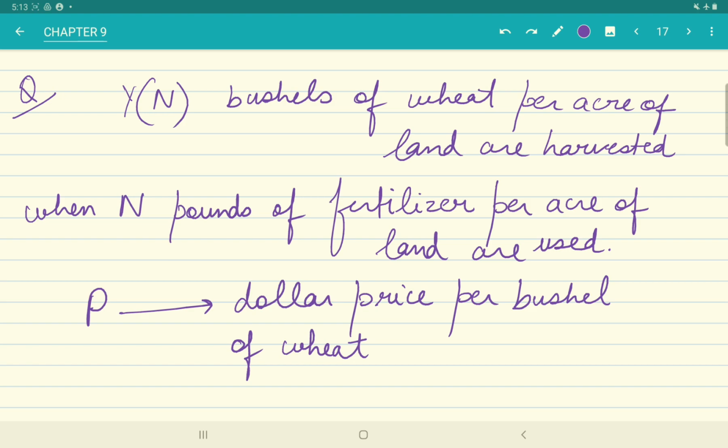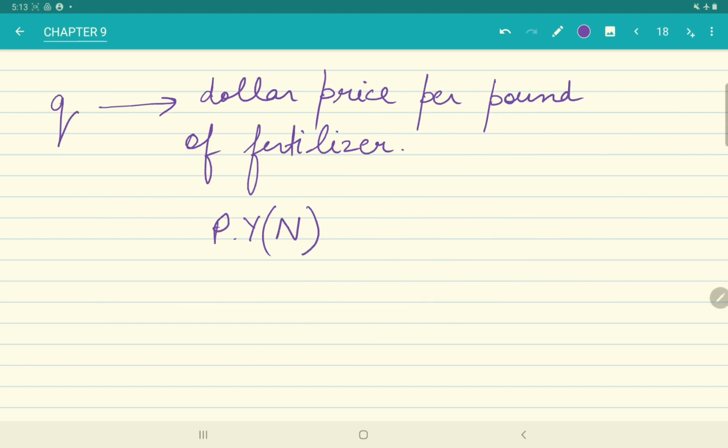We are using n pounds of fertilizer per acre of land, and the price of each pound is Q dollars. So I should go for minus Q n, and this is my profit, which is a function of n.